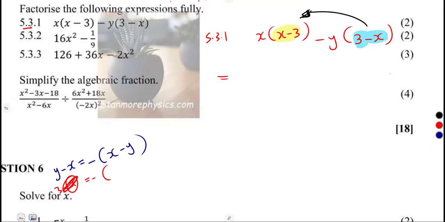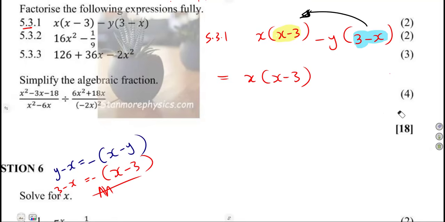X becomes a positive, and this 3 will become a negative. By factoring out a negative, we can rewrite the second bracket as the first one, as x minus 3. So it is going to be minus y in this case. Remember, you factored out a negative, so it's now negative times this negative, so it is going to be positive y like this.